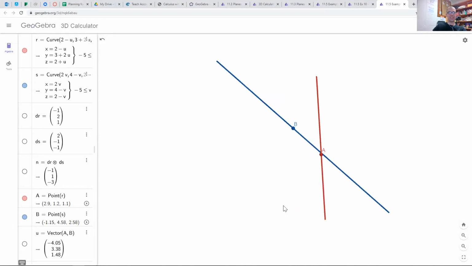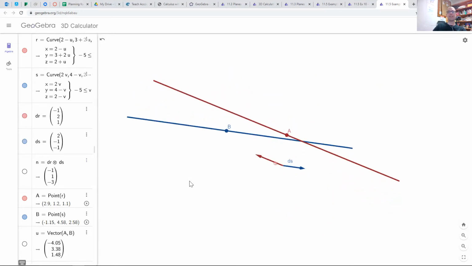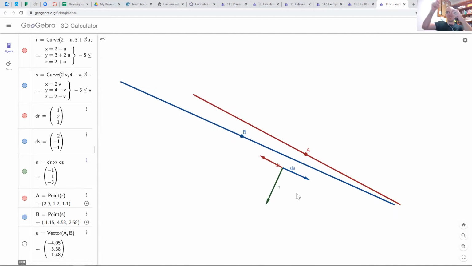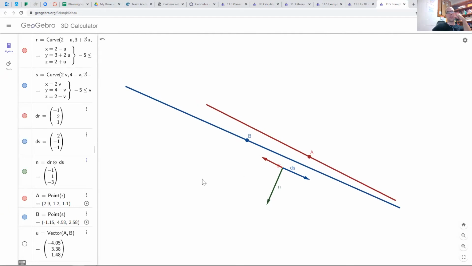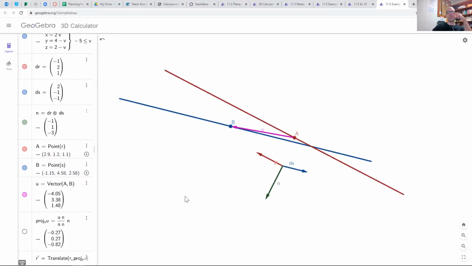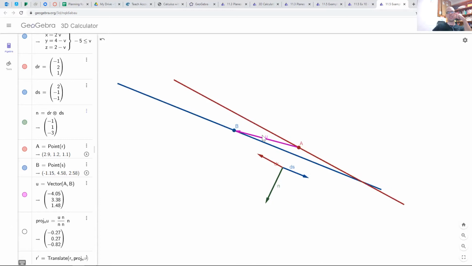They each have a direction vector, first direction vector, second direction vector. Take the cross product, we get a normal vector, and this normal vector is the right direction to travel to get the shortest distance. And so again, we create this vector U between A and B, and what we do is we project that vector U onto the normal vector.